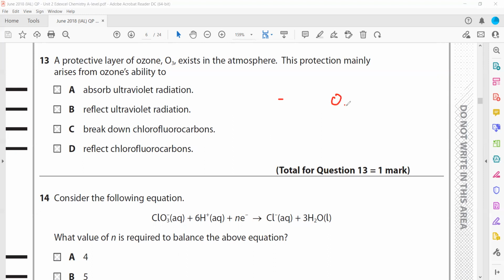It absorbs UV light, or ultraviolet light, and breaks down into an oxygen molecule and an oxygen radical. So it is not to reflect, it is to absorb ultraviolet radiation, not break down chlorofluorocarbon, that is different. It has a tendency to absorb ultraviolet radiation and break down into an oxygen molecule and an oxygen atom.